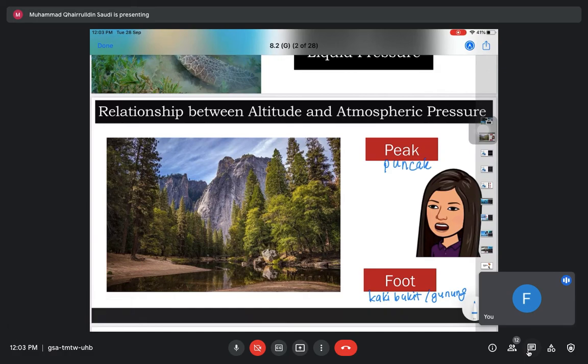Can you guess why the atmospheric pressure at the foot is higher than at the peak? Why peak, Oshin? Why do you say peak?